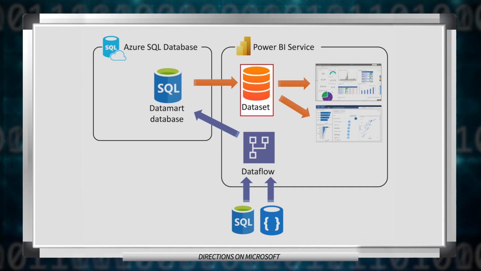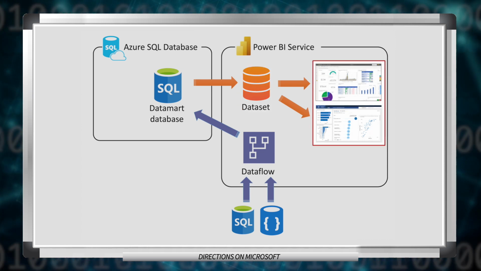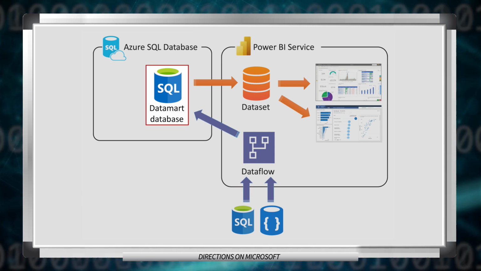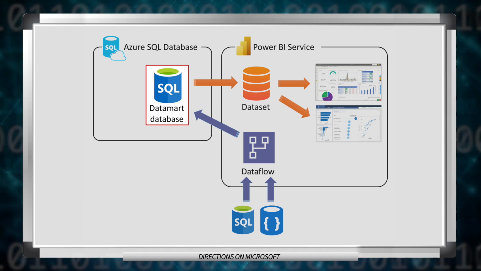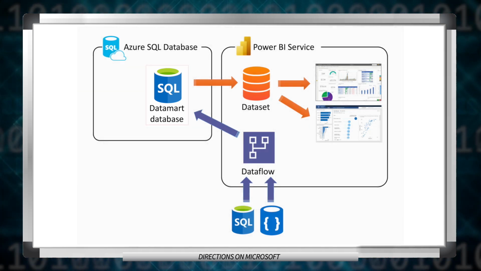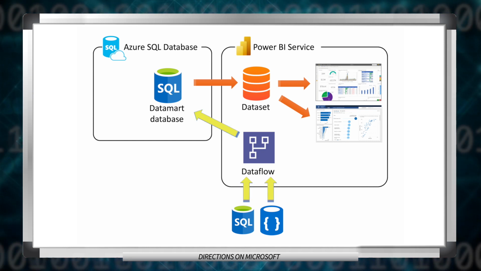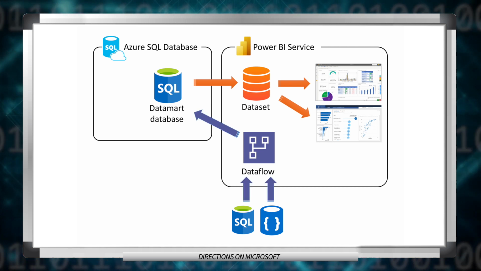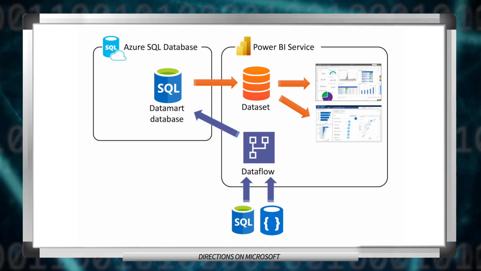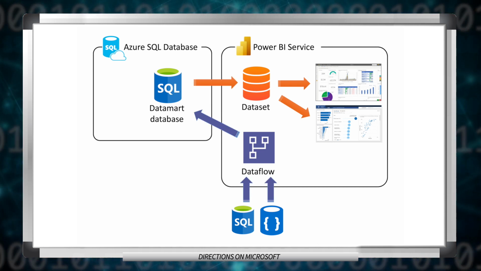And that is critical because our users will access the Power BI dataset to create reports that query against the Datamart. That dataset acts as the flow-through in order to get to our Datamart. And finally, the service controls the dataflow so that it can update the database, and it maintains a connection between your Power BI dataset and the Azure SQL database.